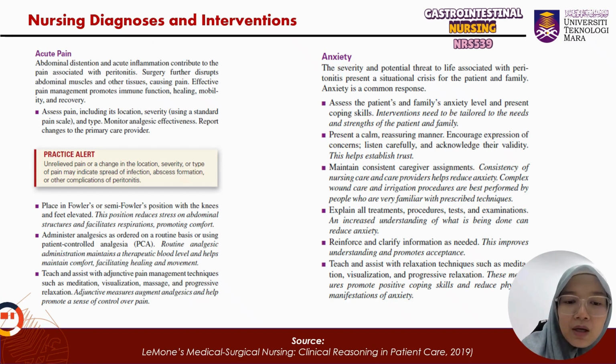The second one is to place the patient in Fowler's or semi-Fowler's position to reduce the stress on the abdominal structures, which can also promote comfort. The third one is to administer analgesics as ordered to reduce the pain level for the patient and teach the patient adjunctive pain management, including meditation, visualization, massage, and progressive relaxation.